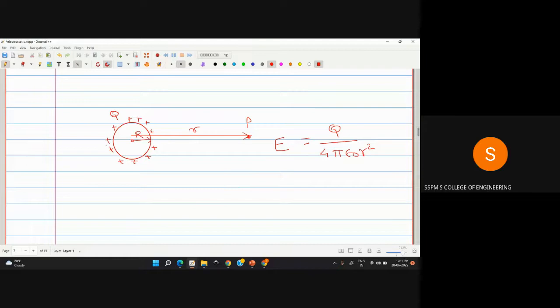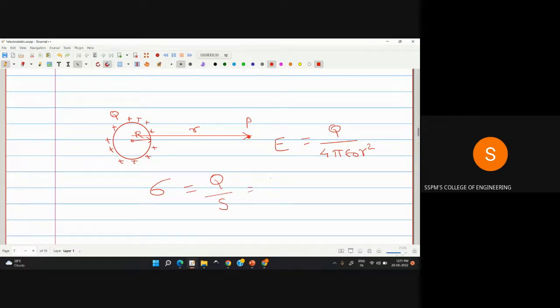Now we can find the surface charge density of the sphere. So how to calculate surface charge density? The surface charge density is denoted by sigma. It is defined as charge per unit area, where S is the area of the sphere, isn't it?